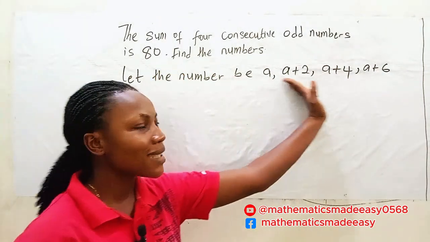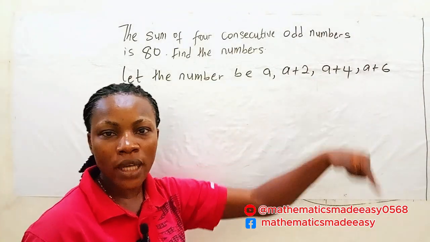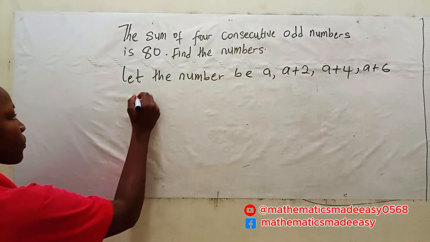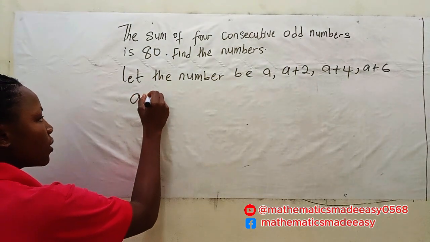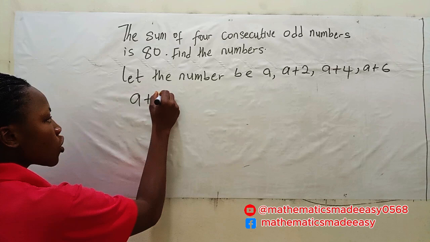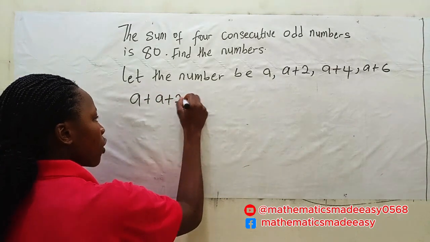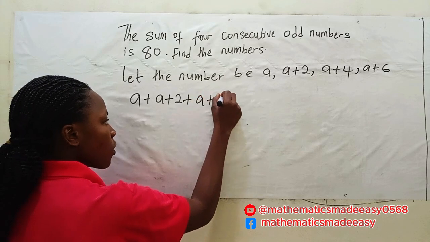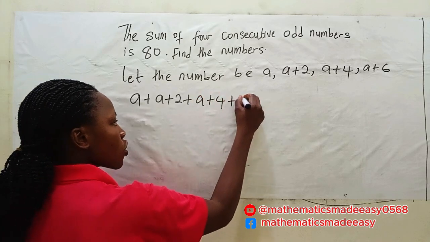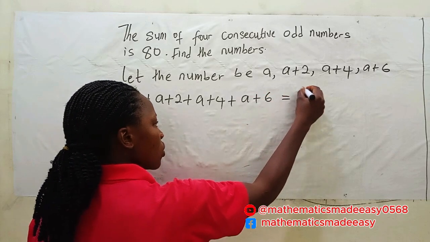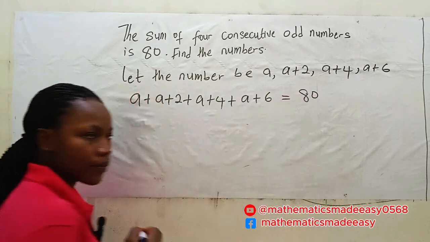So we're going to add them together and equate them to 80. So we're going to have A plus A plus 2 plus A plus 4 plus A plus 6 equals 80.